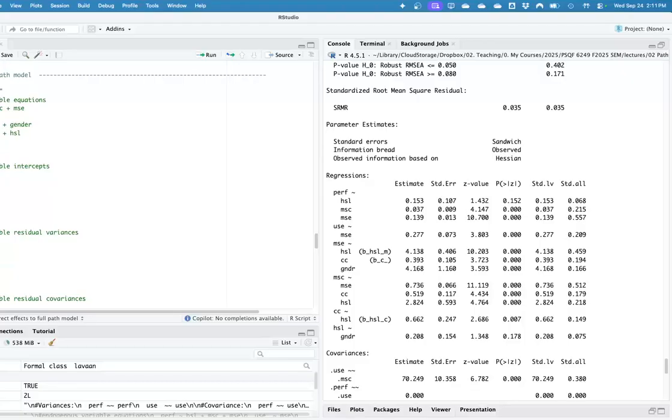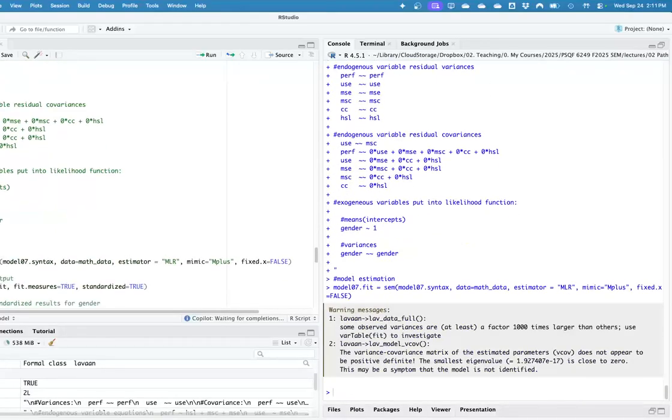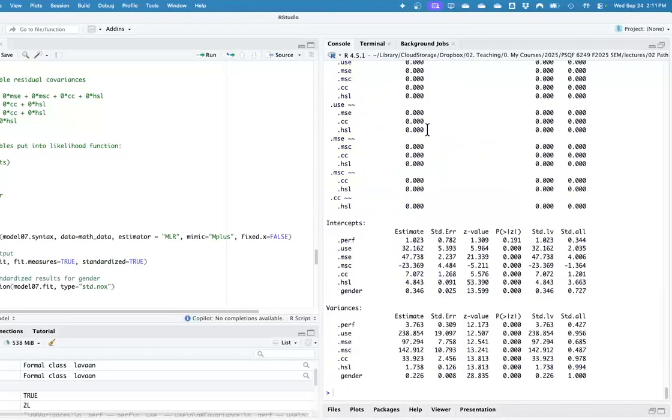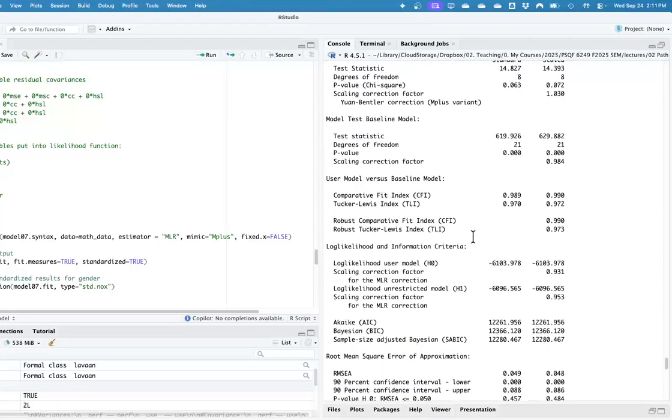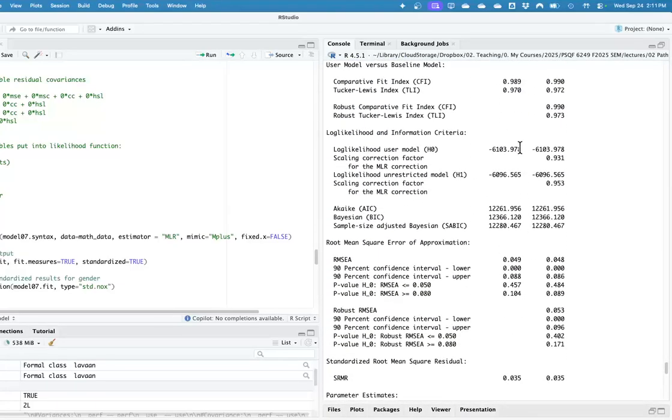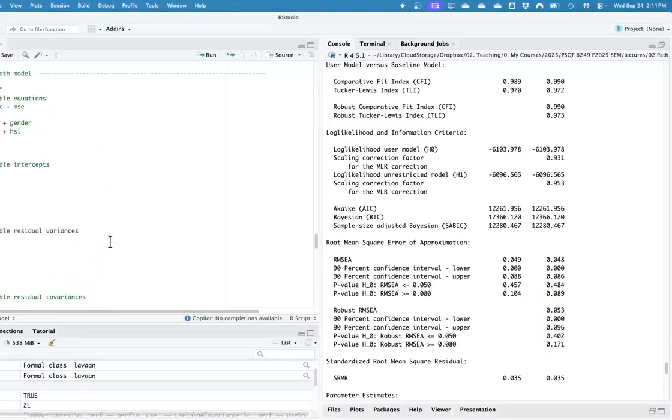Let's take a look at this full path model here, model 7. And the number I really want to take note of is the log likelihood of the user model right there. Now you can't see that very well, though. I'm just making a note of it. Okay? All right.